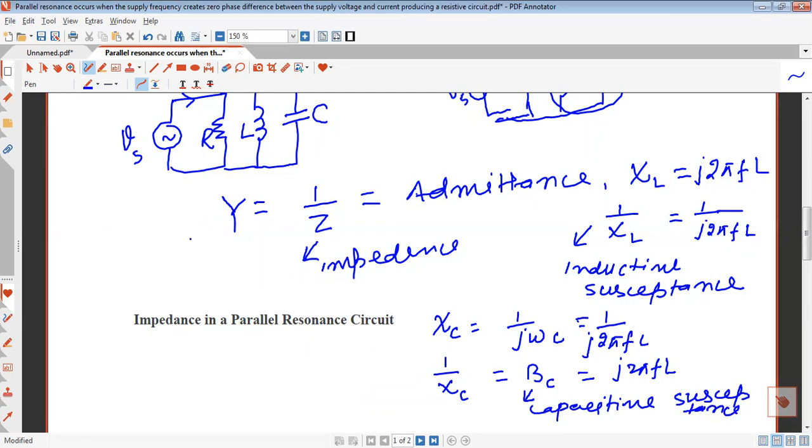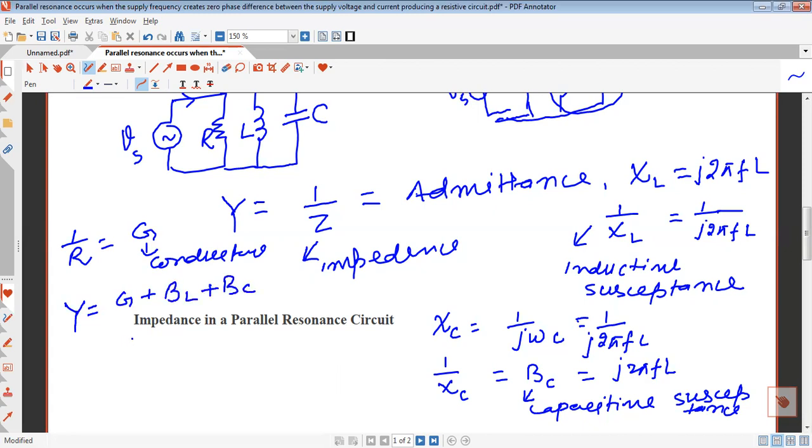And 1 by R is also written as G. This is called conductance. For a parallel circuit, generally we use Y. So Y will be equal to G plus BL plus BC.